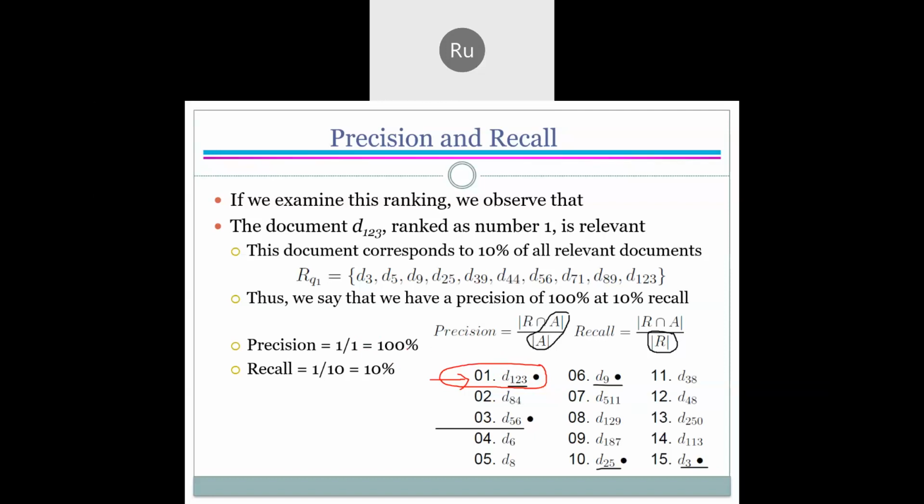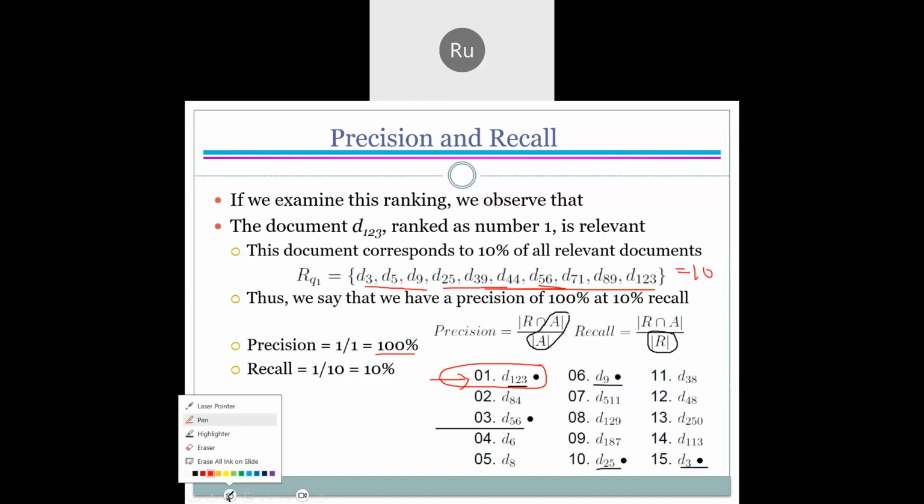So we have 100%. If we look at the recall, because recall refers to how many documents we have in the relevant set, we have 10. So if you are here, that means we only recalled 1 out of 10 relevant documents that we have for Q1.